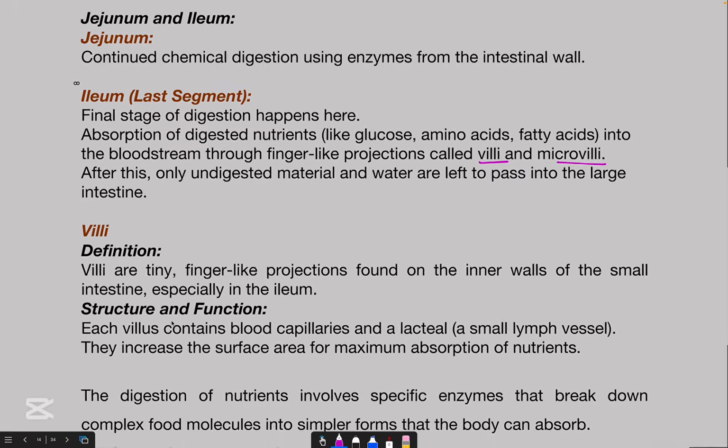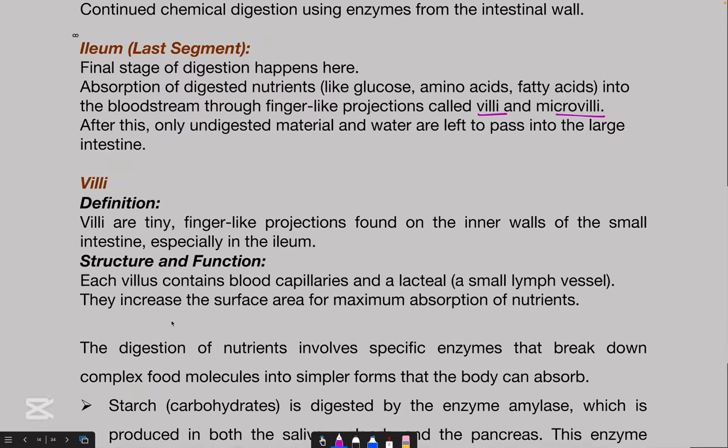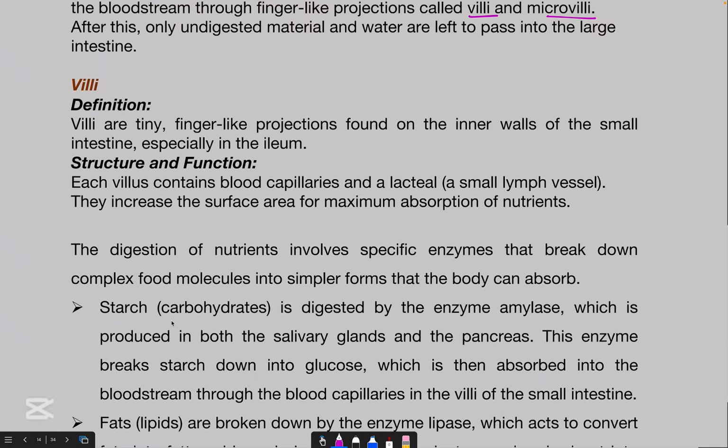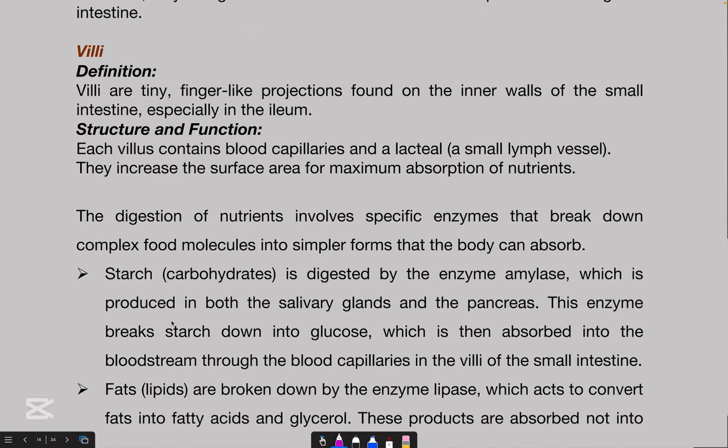Then the villi. We say the villi are tiny finger-like projections found in the inner walls of the small intestine, especially in the ileum. Each villus contains capillaries and a lacteal, a small lymph vessel.